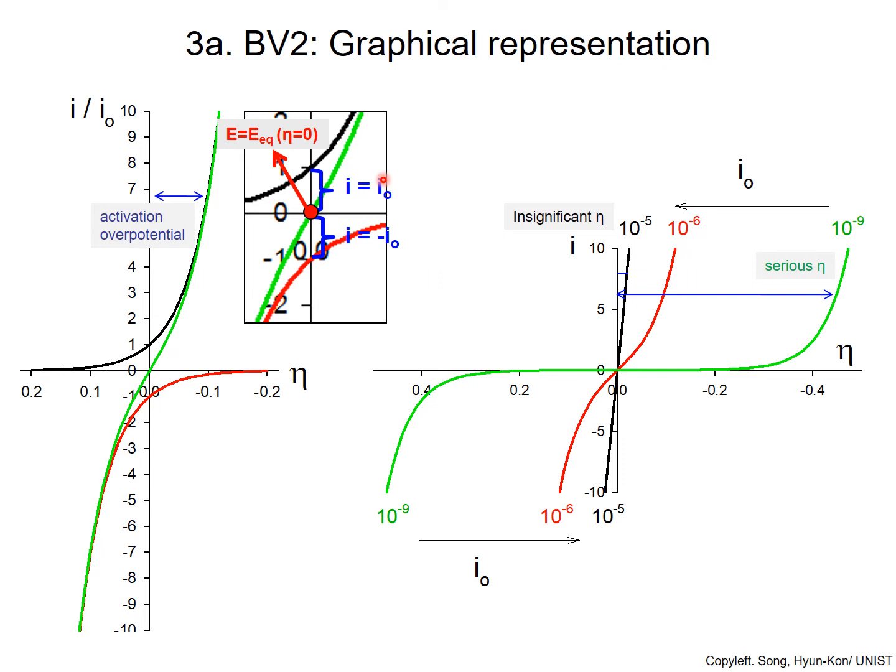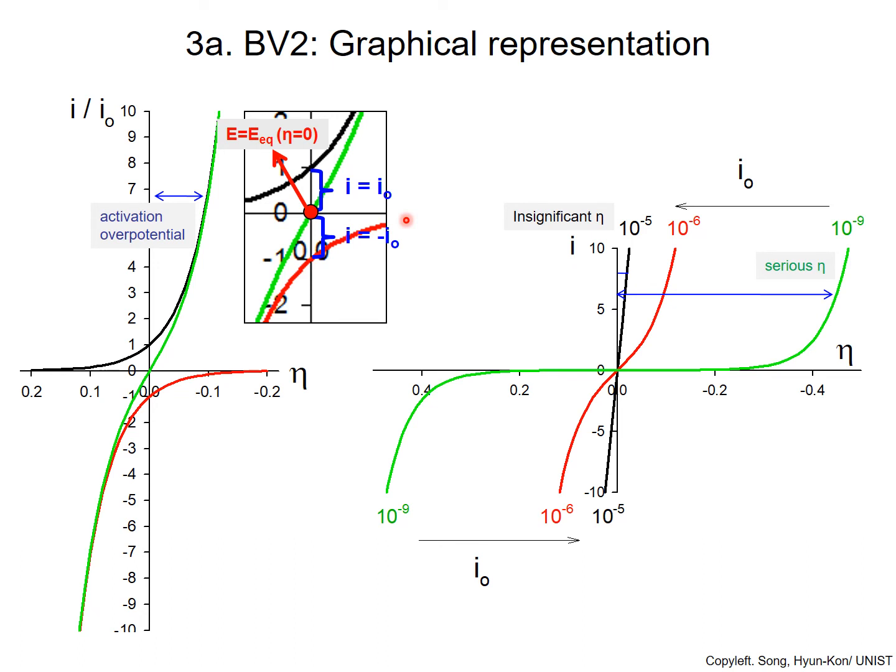That is to say, the cathodic current is I0 and the anodic current is minus I0. Therefore, at equilibrium, we would have zero value of current. So this is the exchange current.